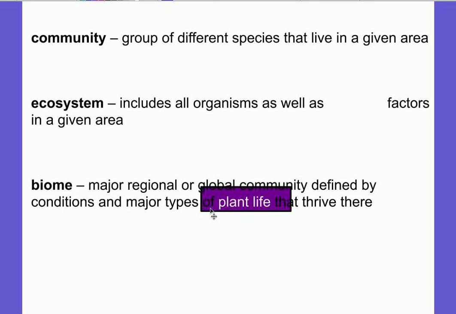So plant life is a really big thing. Otherwise, it's also defined by its climate, because a desert has very little rainfall, whereas a tropical rainforest has lots of rain, since it's in the name, but it's also a forest of trees. It's not just grasslands, so it's different than grasslands.